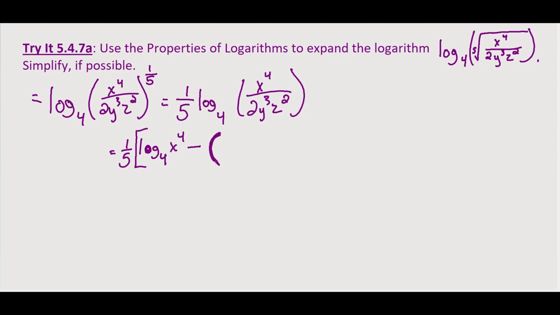So I'm going to put this parenthesis here, and we'll end the parenthesis after we get done using the product property of logarithms while applying the quotient property, because we're subtracting all of these parts in the denominator, but they're being multiplied, so we're going to use the product property inside the parentheses. So this is going to be log base 4 of 2 plus log base 4 of y cubed plus log base 4 of z squared.